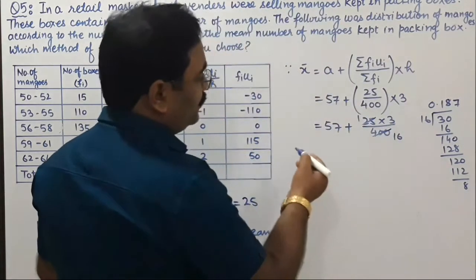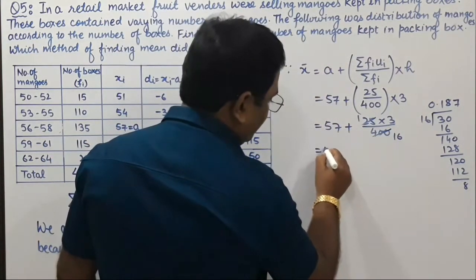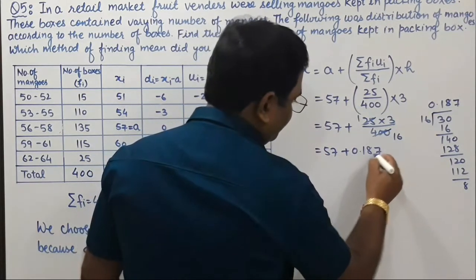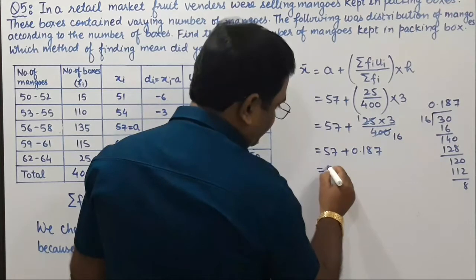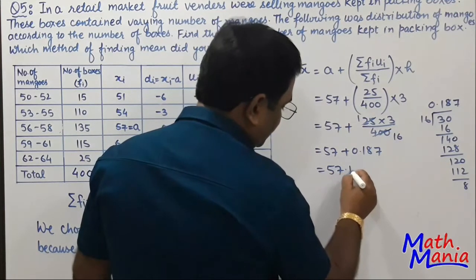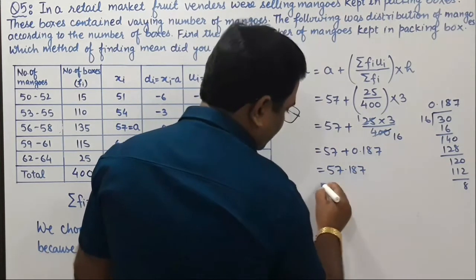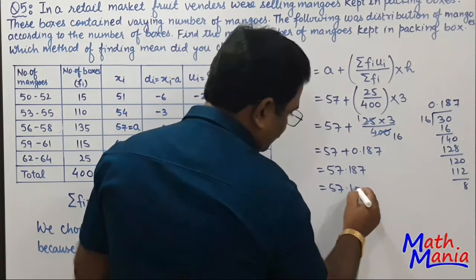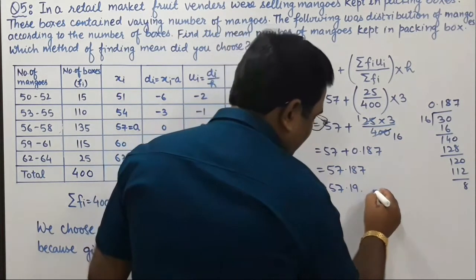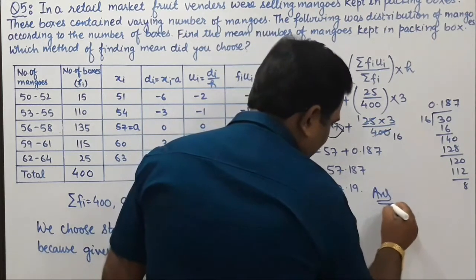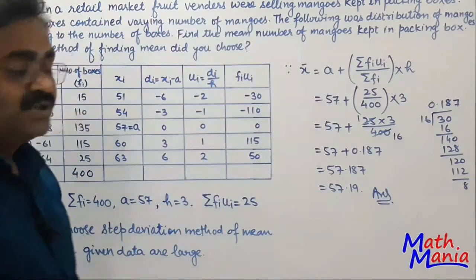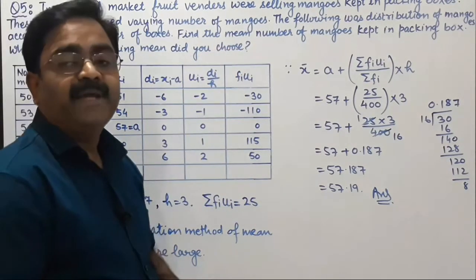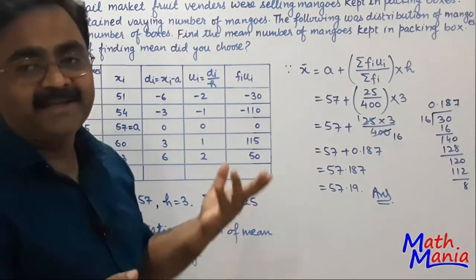So the value of this is 57 plus 0.187. From this you can write 57.187, or it can be written as 57.19 is our required answer. Question was asking that find mean number of mangoes kept in the packing box.